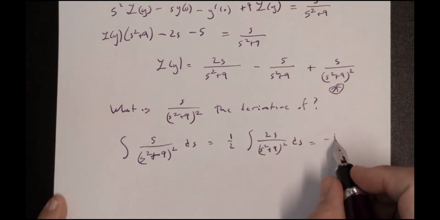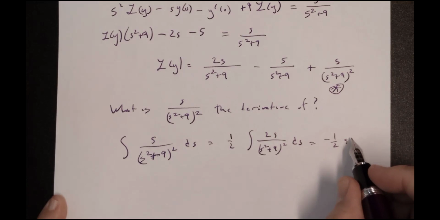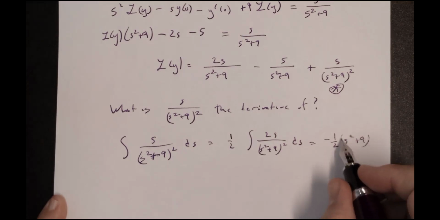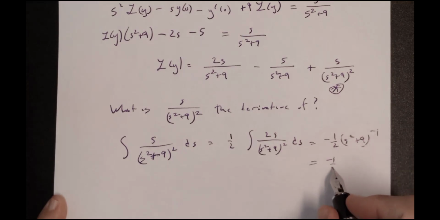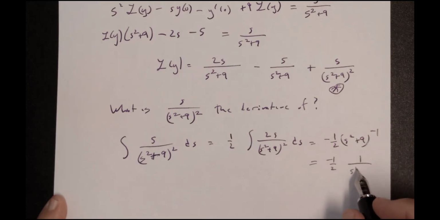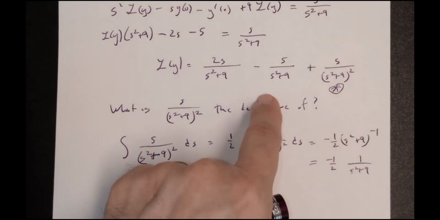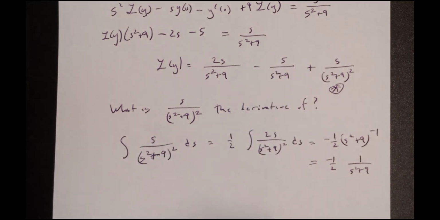So that's negative 1/2 s squared plus 9 to the -1, or negative 1/2 times 1 over s squared plus 9. That looks exactly like that, doesn't it? The 1 over s squared plus 9. This is 5 over s squared plus 9. That's still the same idea, right?